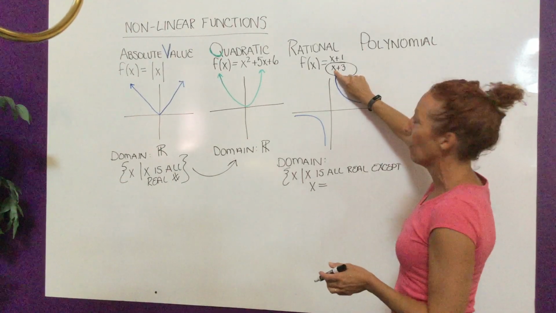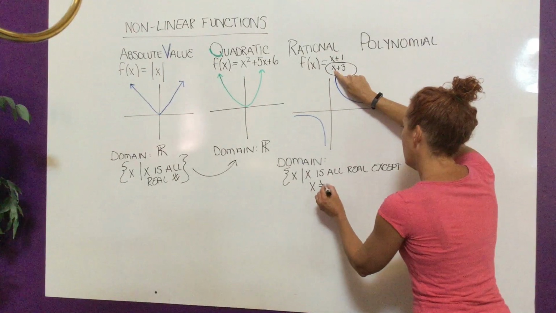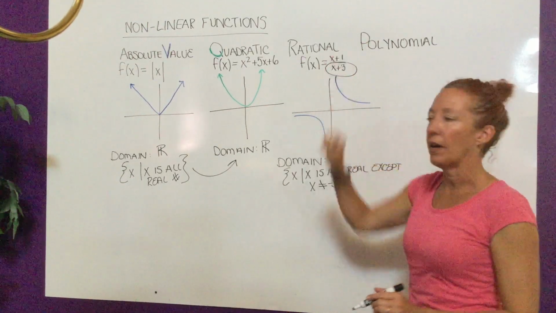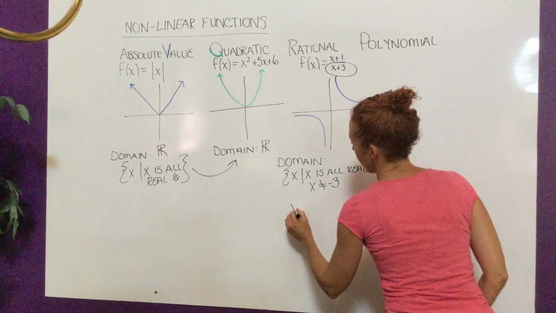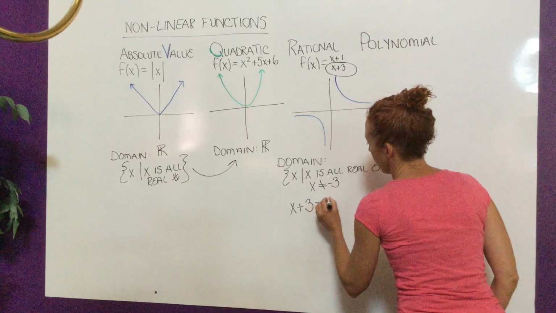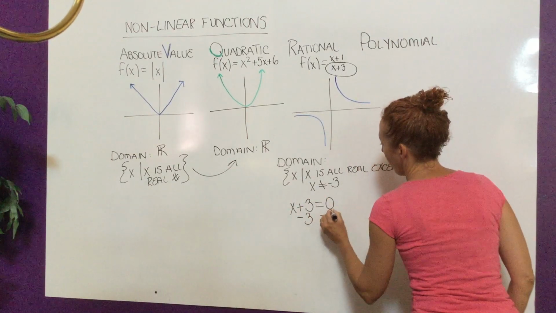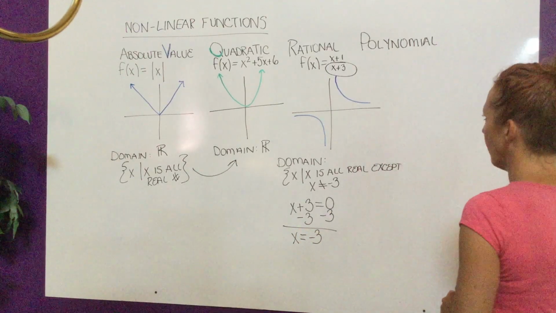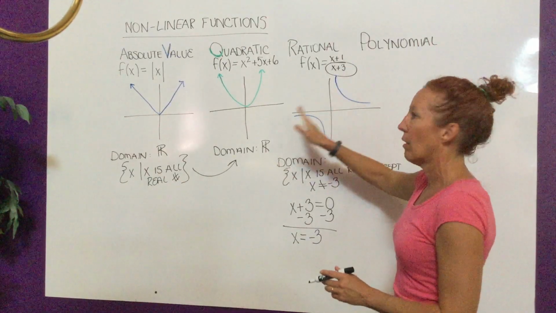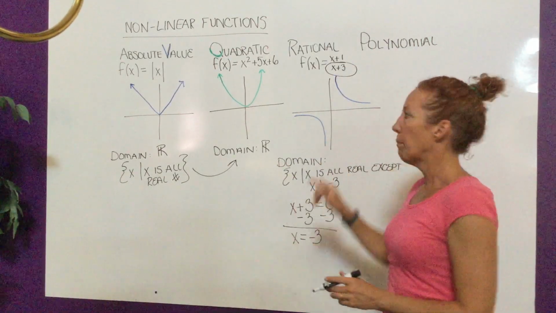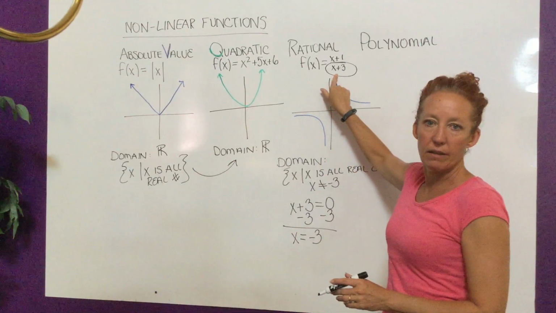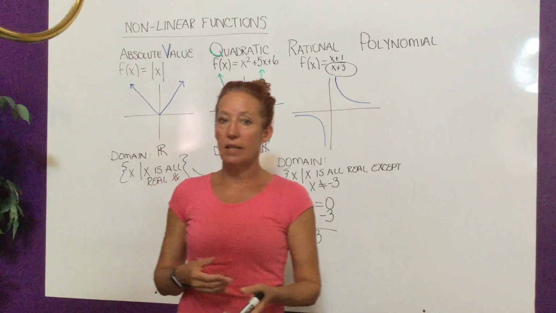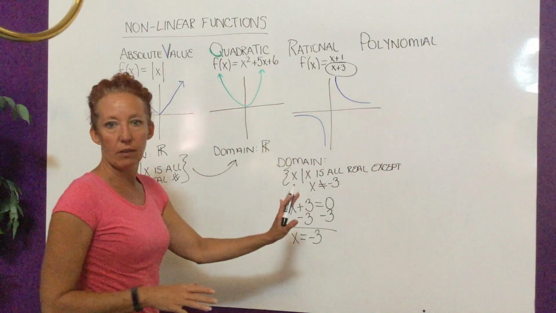I can look at that and say the only value x can't be is -3, because that's the value that's going to make your denominator undefined. If you've forgotten how to do that, you just set that denominator equal to 0 and figure out what value will cause it to be undefined. And that is exactly why there are gaps in your graph, because of that place where it's undefined. When you take college algebra, you explore those graphs in a little more detail if that's a direction you're going. In this course, we just hit the highlights.